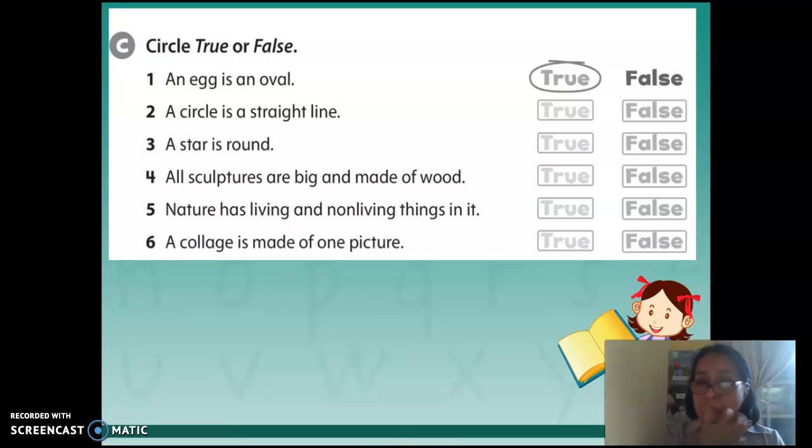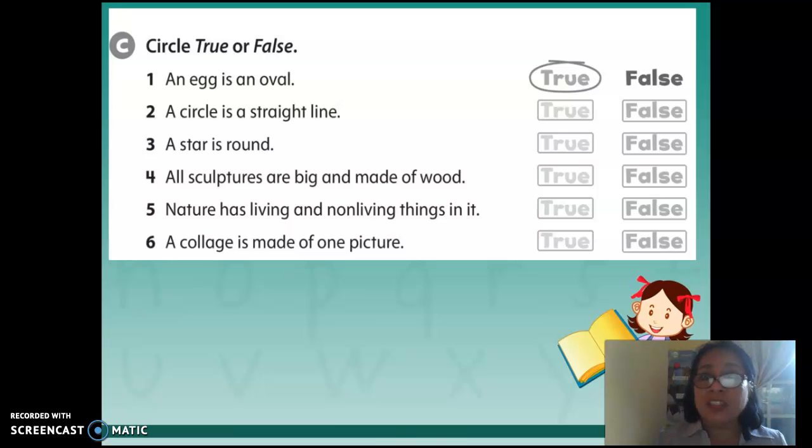Living things like humans, animals, plants, and non-living things like the vehicles, the house, okay? Number 6, a collage is made of one picture. False. The answer is false because the collage is made of many pictures, okay?